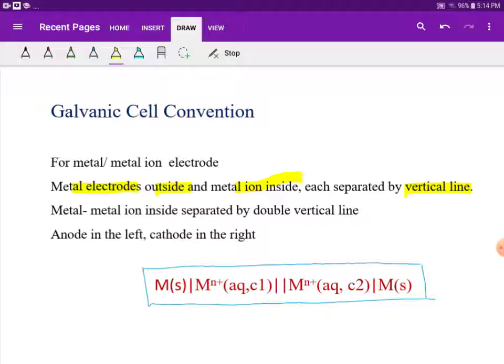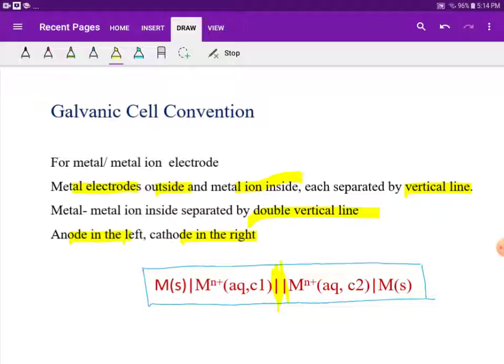The double vertical line represents the salt bridge. Always the anode is written on the left side and the cathode electrode on the right side.